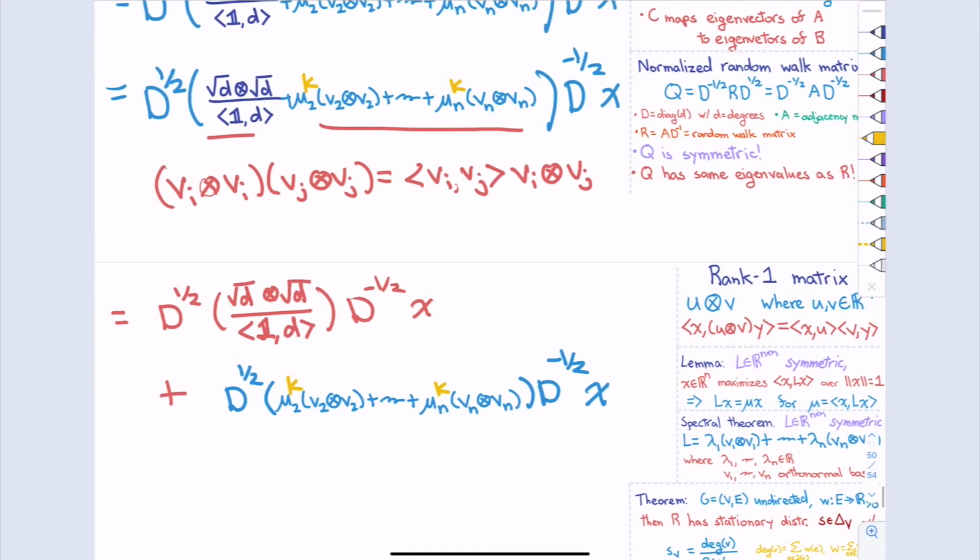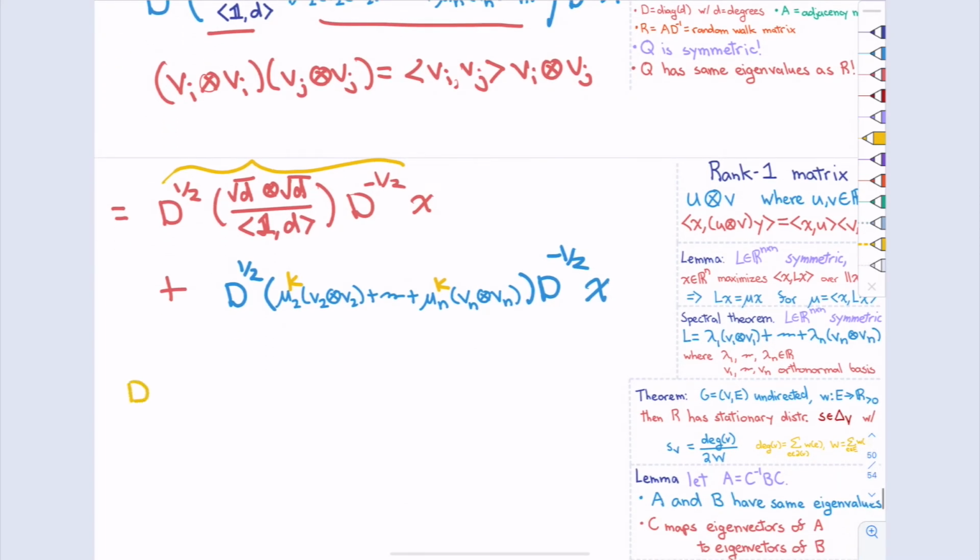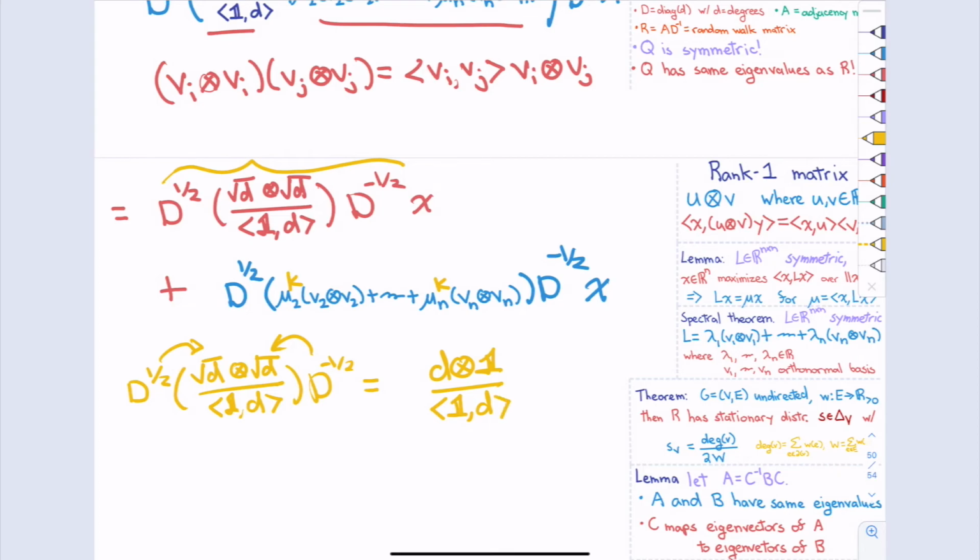Now if I look at this part here, I can bring the D's in and make this a little bit simpler. We can actually apply the d's to each of these, and you'll get something like this.